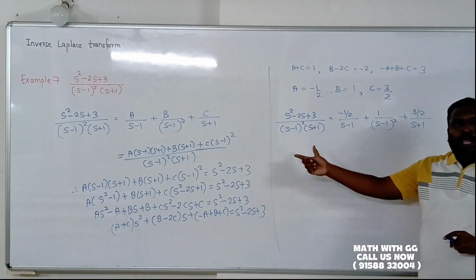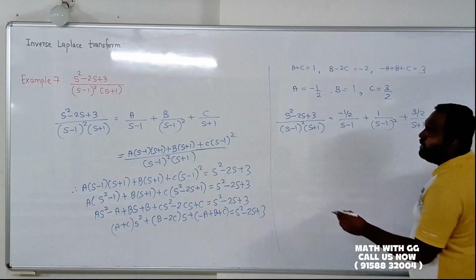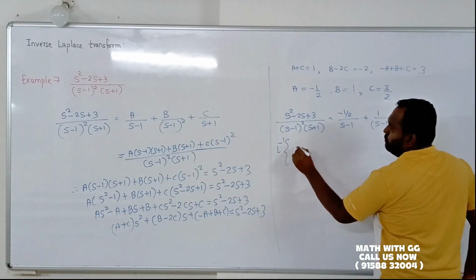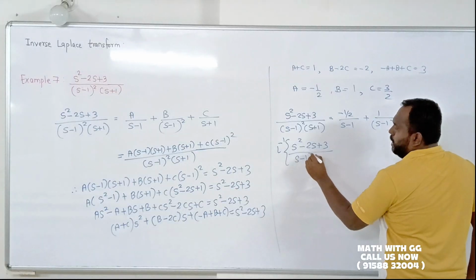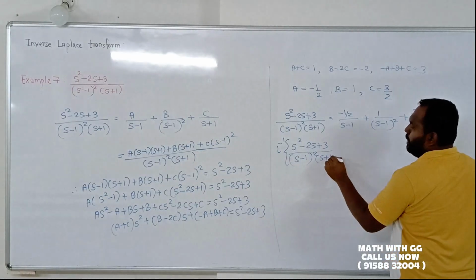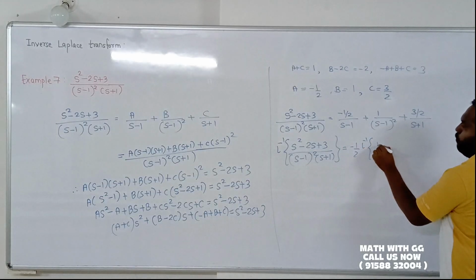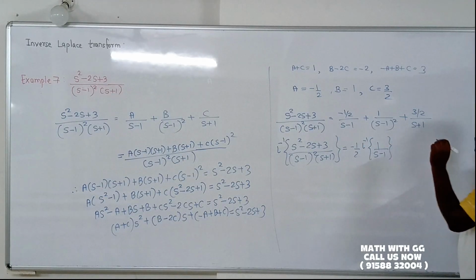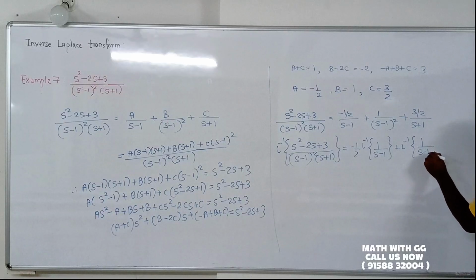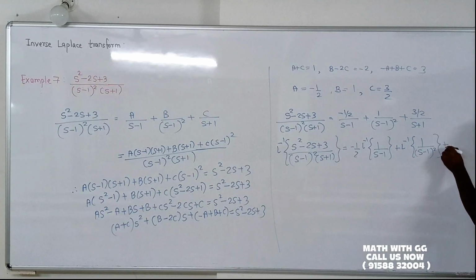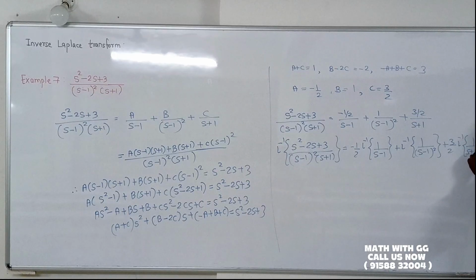Now, taking the inverse Laplace transform and applying the linearity property, we get L inverse of (s² − 2s + 3) upon (s − 1)²(s + 1) is equal to −1/2 L inverse of 1 upon (s − 1) plus L inverse of 1 upon (s − 1)² plus 3/2 L inverse of 1 upon (s + 1).